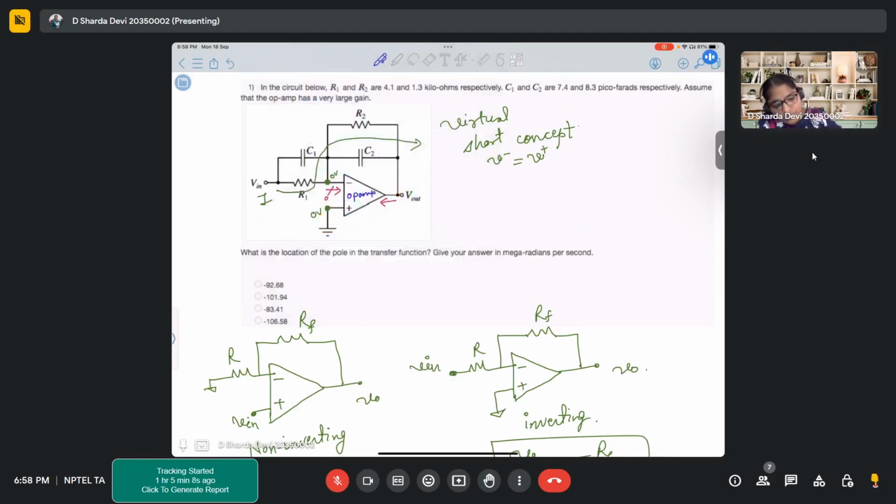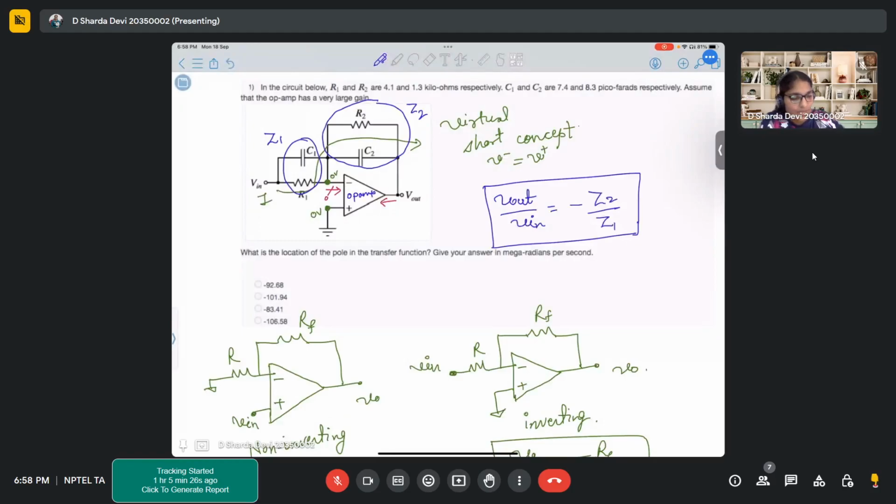So we know that this configuration is inverting configuration. If I write it as Z1 and Z2, can I write V out by Vn as minus Z2 by Z1? I can write it like this, right? Then Z2 is R2 parallel C2 and Z1 is R1 parallel C1, correct?